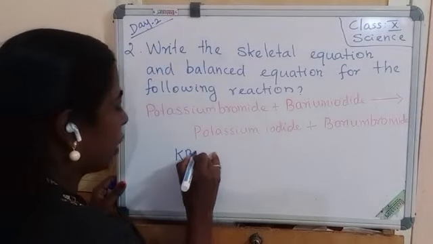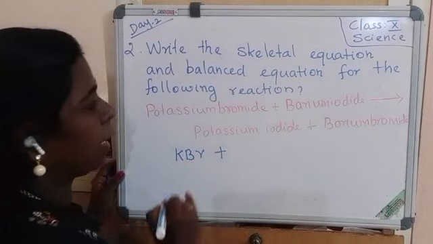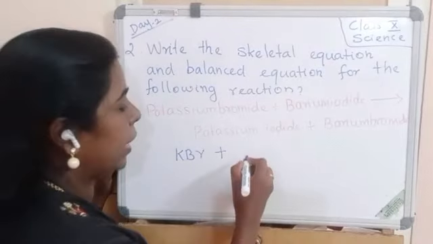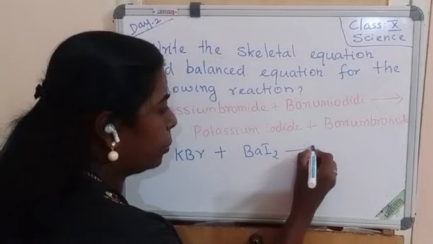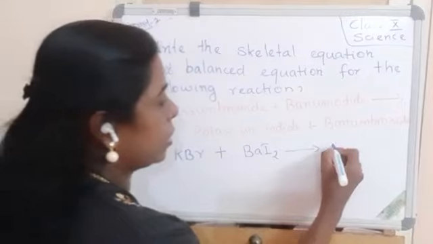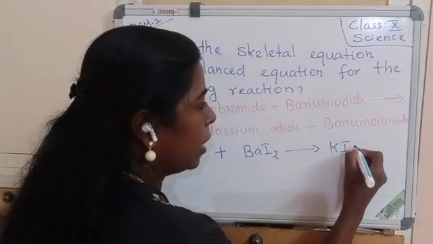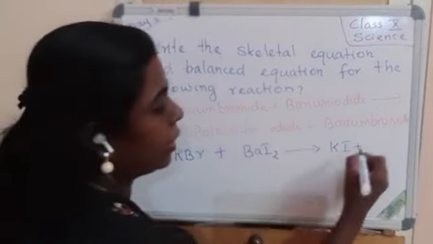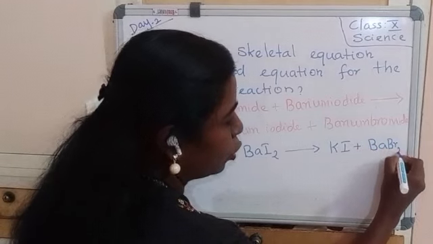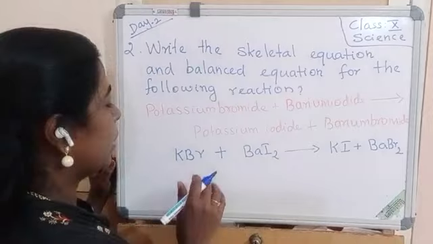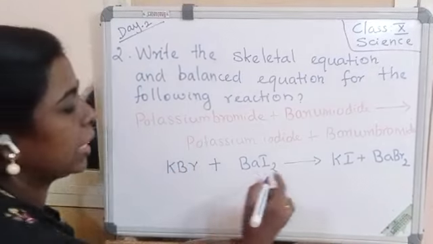KBr. KBr reacts with barium iodide, formula BaI2, to form potassium iodide, formula KI, plus barium bromide, BaBr2. This is the skeletal equation of this reaction.